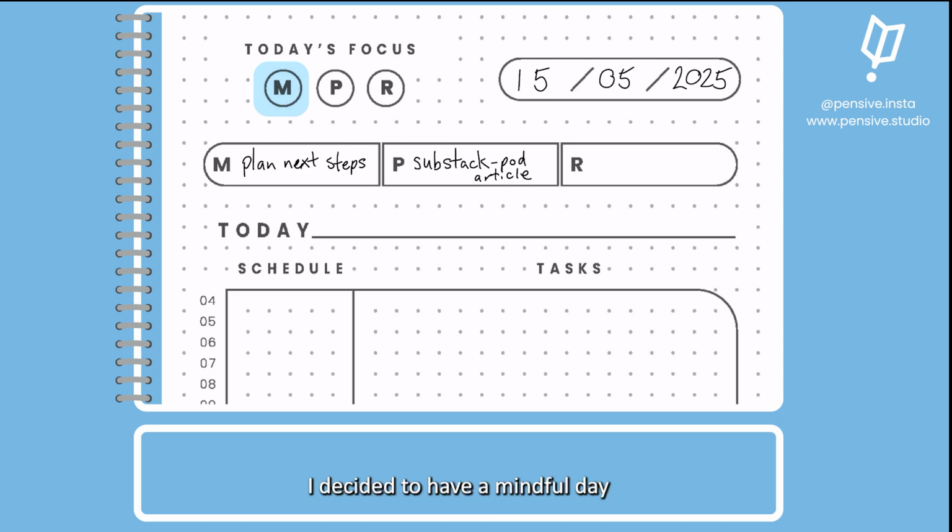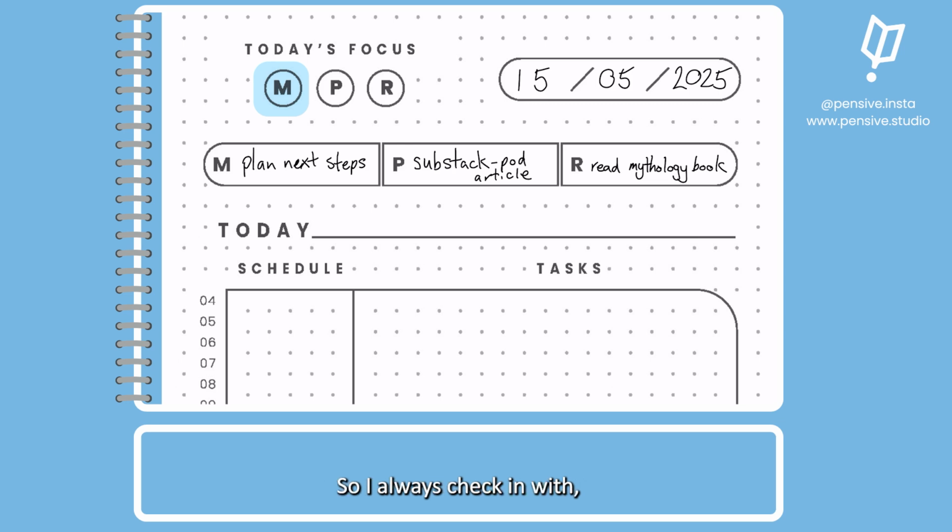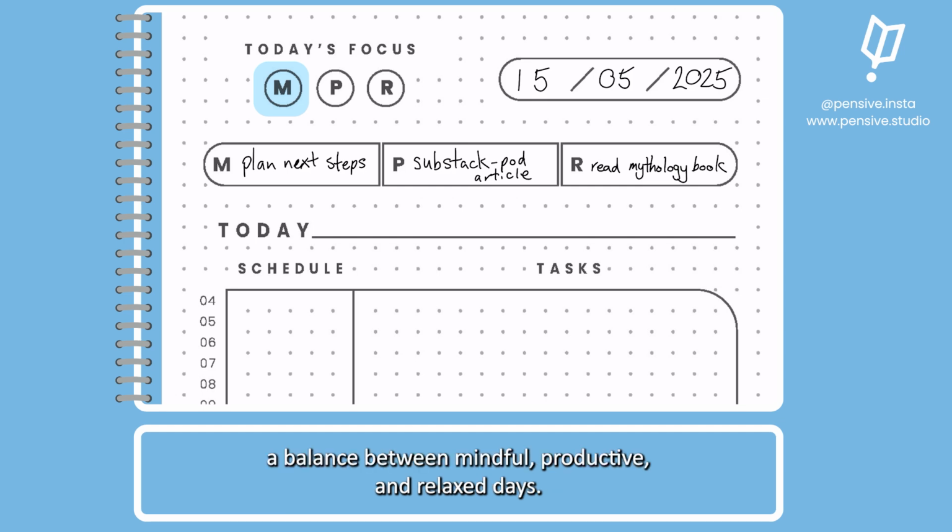I decided to have a mindful day because I've had several productive days and I really just wanted to slow things down and make sure I'm focusing on what I'm doing. I'm very easily prone to burnout, so I always check in with my focus and make sure that I'm having a balance between mindful, productive and relaxed days.